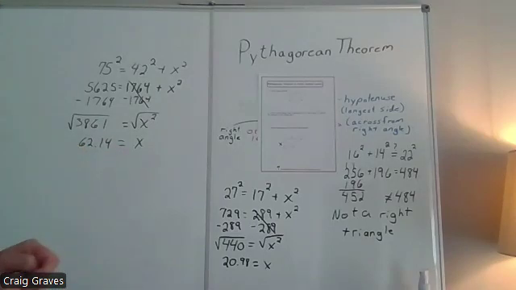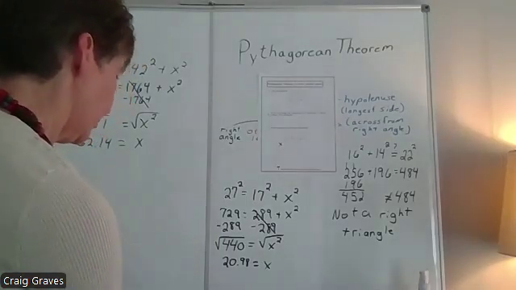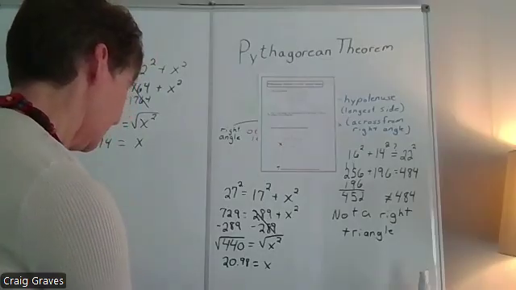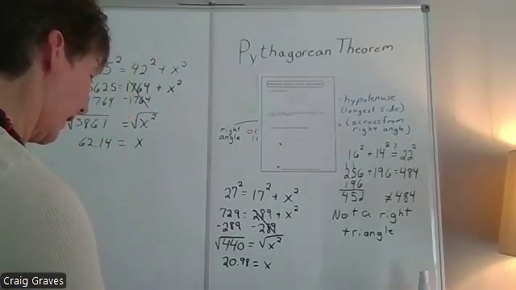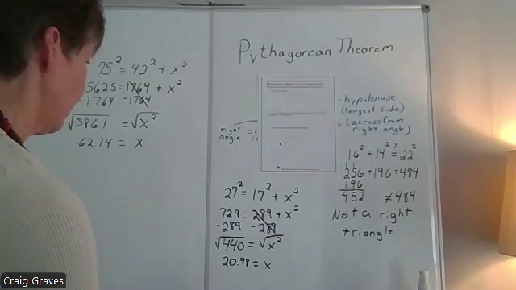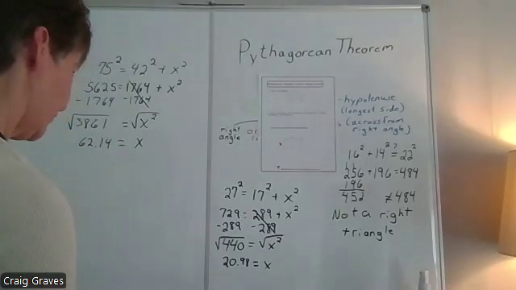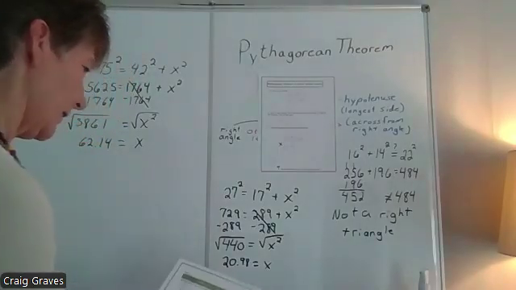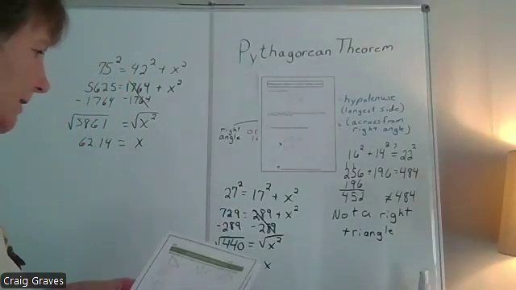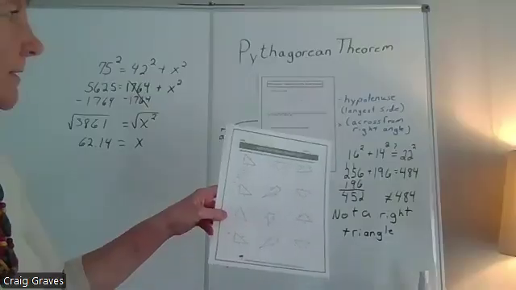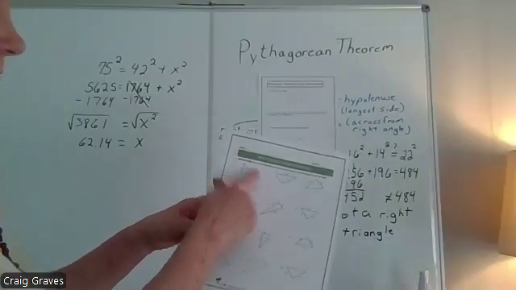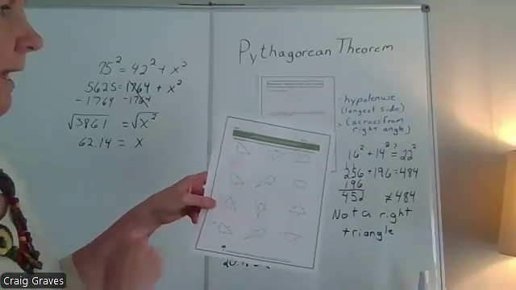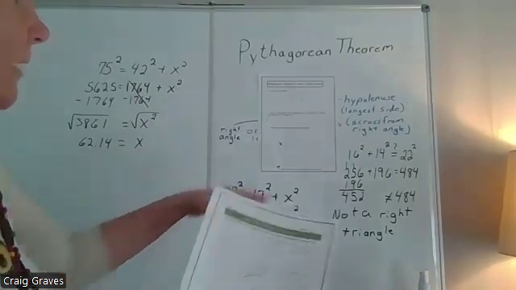So that is how you're going to do the problems on your homework this week. So the next 2 pages in your packet are just the explanation of what we've just done there. And then let's look at the next page that says, are they right? So this gives you 3 sides of a triangle, and you're going to test like we did here.